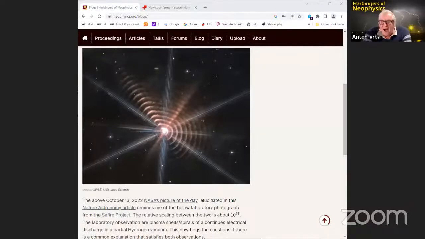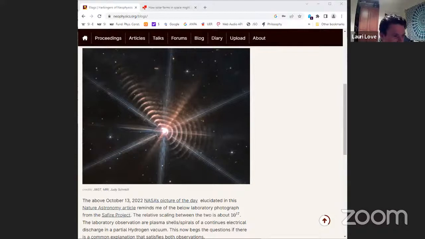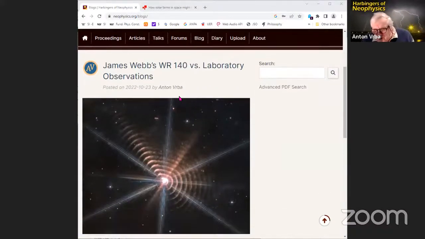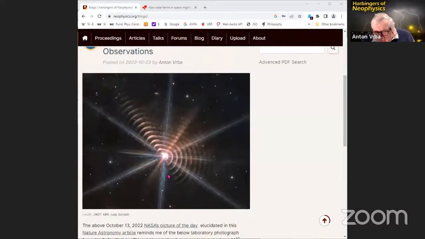Yeah. This is a recent photograph published just a month ago from NASA. It is called WR40, is the correct description of it. They talk about shells. So these are sort of shells around it. It is the explanation that they give.